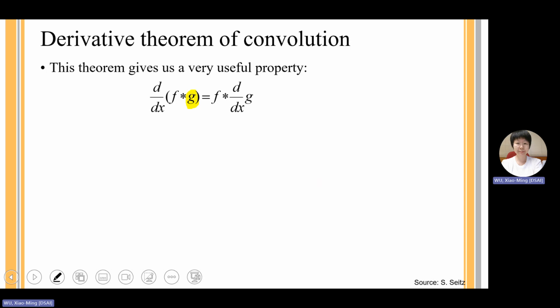But we have a theorem called the derivative theorem. It states this equality: the derivative of g convolved with f is equal to f convolved with the derivative of g.